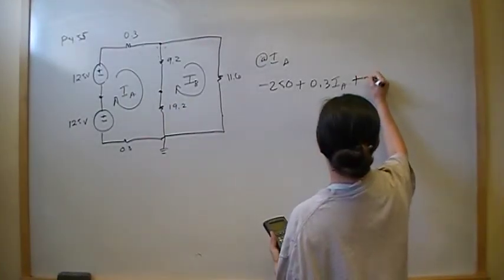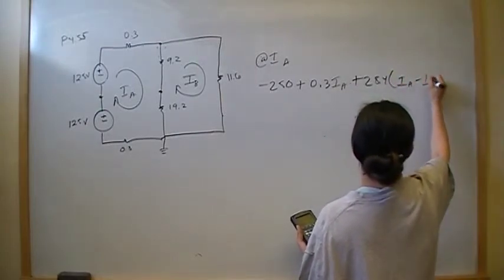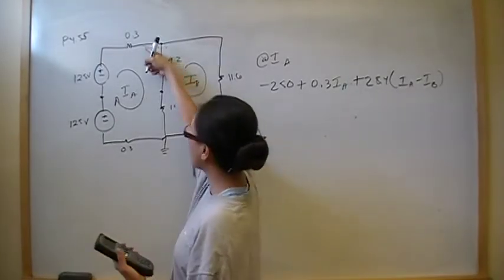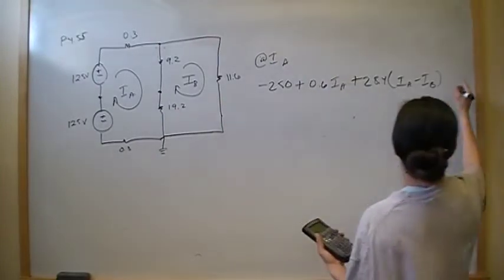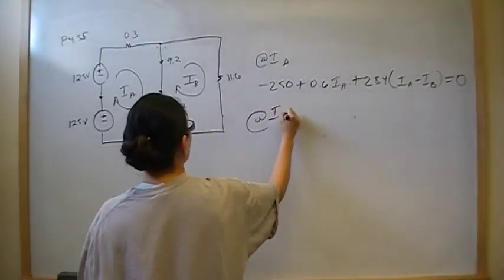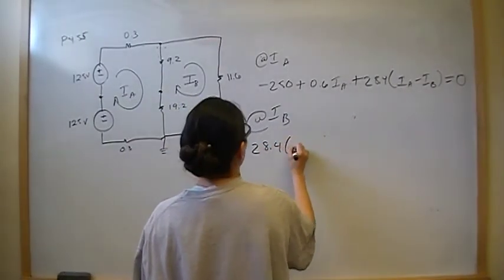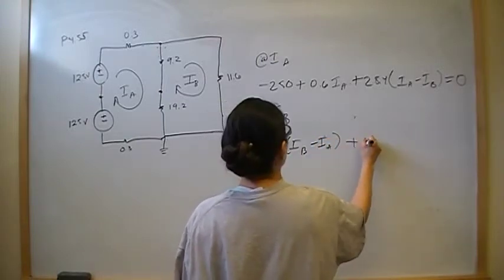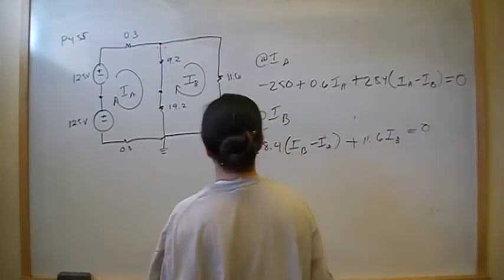So it's going to be plus 28.4 times IA minus IB, and then plus, I'm going to combine these two and make this 0.6. And that's going to equal 0. Mesh at IB, that's going to be 28.4 times IB minus IA plus 11.6 IB must equal 0.